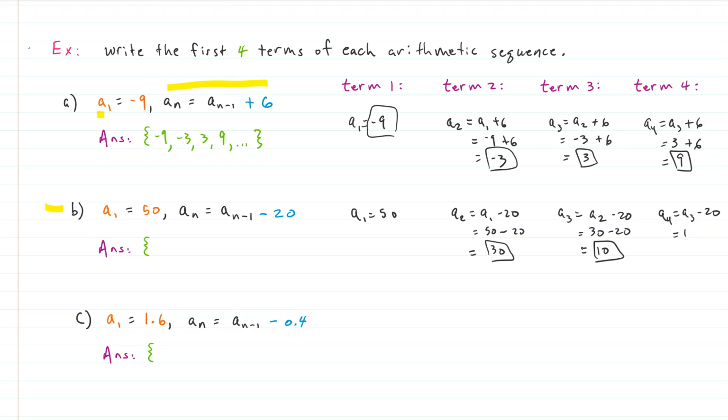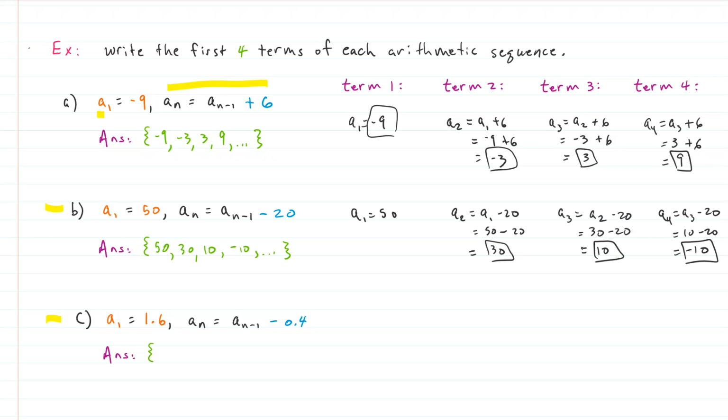And a sub 3 was 10, minus 20 gives us negative 10. So the first 4 terms of this arithmetic sequence are 50, 30, 10, and then negative 10. And again, there are more of them, an infinite number, but we're only finding the first 4.